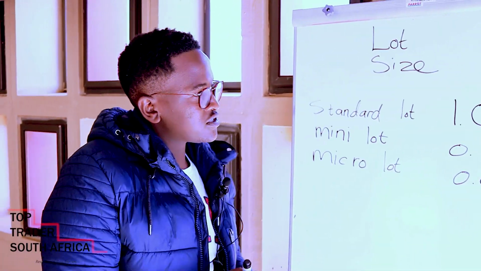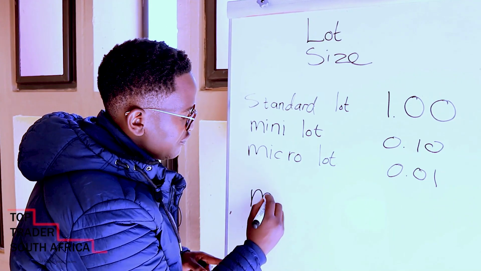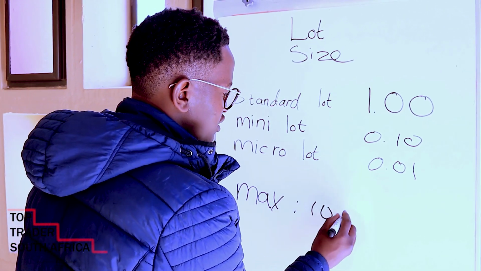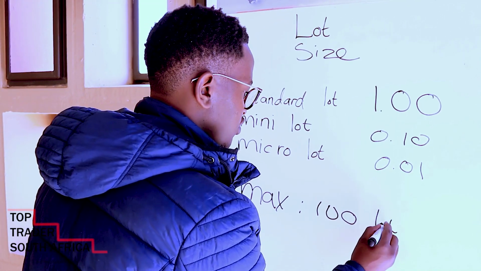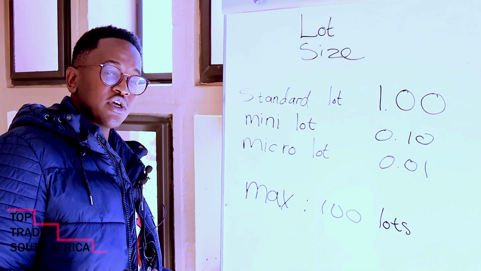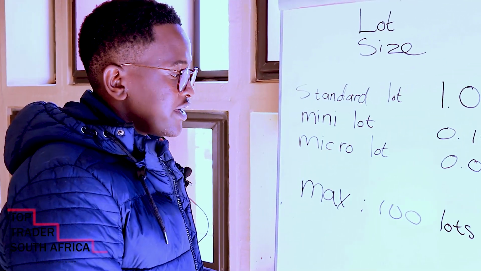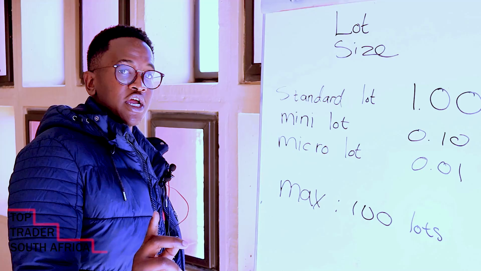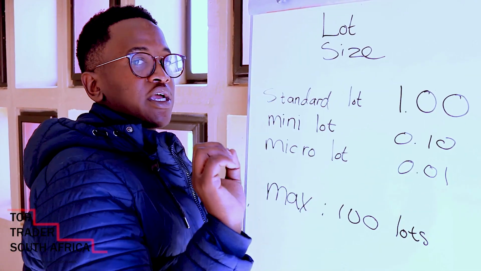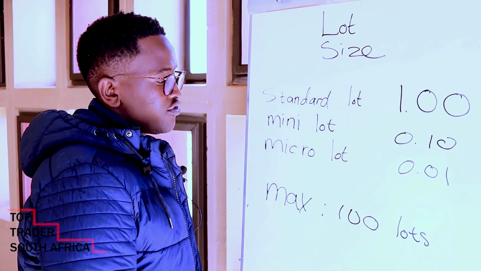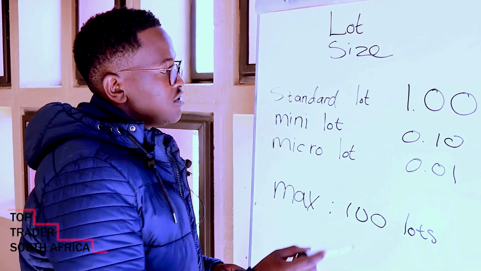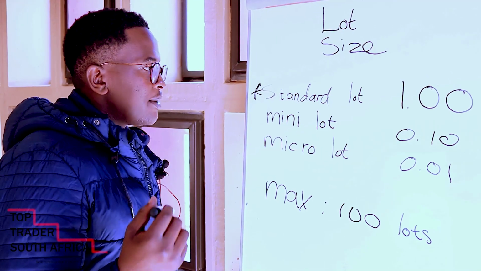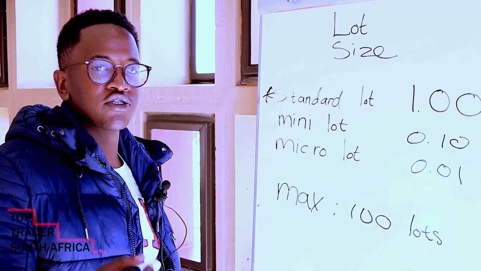With lot sizes, most brokers will offer you a maximum of 100 lots per trade. Most brokers, not all of them. But most brokers will limit you to 100 lots per single trade, and then you can open another 100 or another 100. But I'm telling you, if you are trading on a standard lot size, you are making a significant amount of money.